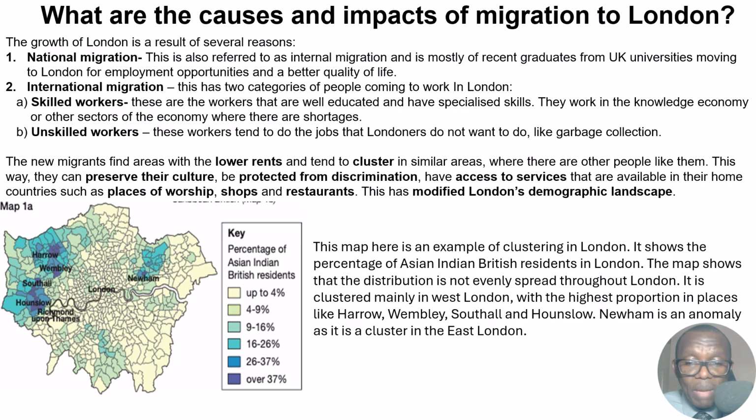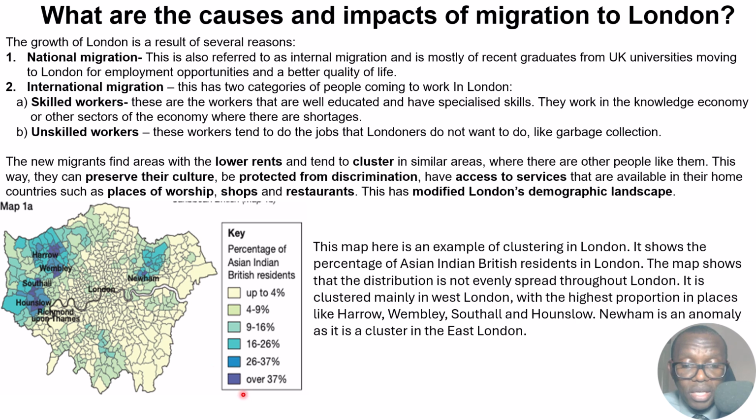So this particular map here is an example of that clustering in London. We've said that migrants cluster in similar areas, and that is what this map shows. It shows the percentage of Asian, Indian, British residents in London, and that the distribution is not evenly spread out across London.